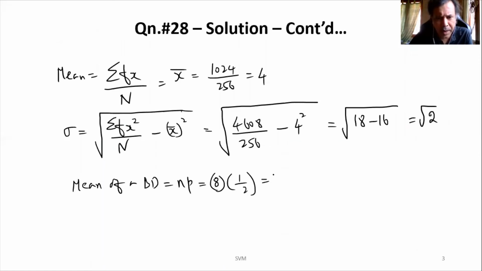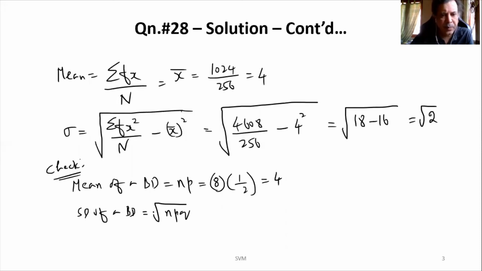So if I multiply, I should get the mean as 4. The calculated value of mean and this value should match, 4 and 4. Since it was not matching, I had a doubt that I might have made some mistake. In the same way, the standard deviation of a binomial distribution is the square root of n into p into q. We can use this as a check.